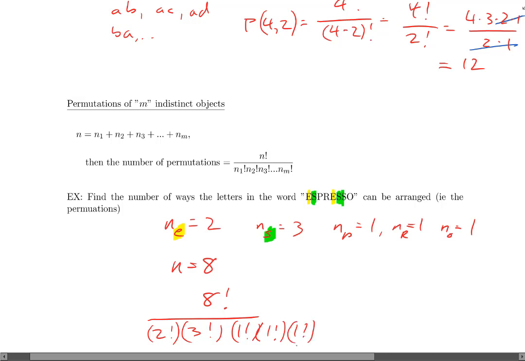Of course, 1 factorial is 1, so these last 3 just kind of disappear, and you're left with 8 factorial over 2 factorial times 3 factorial.